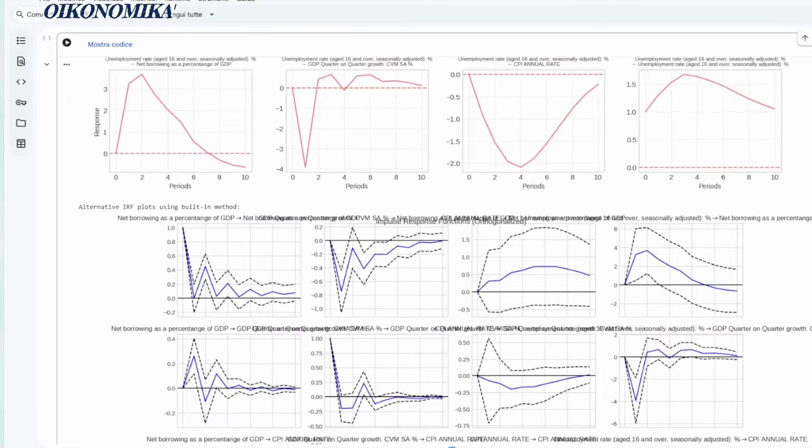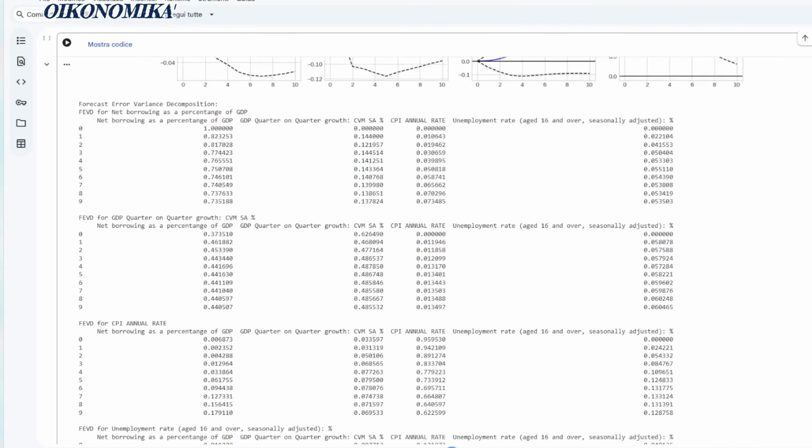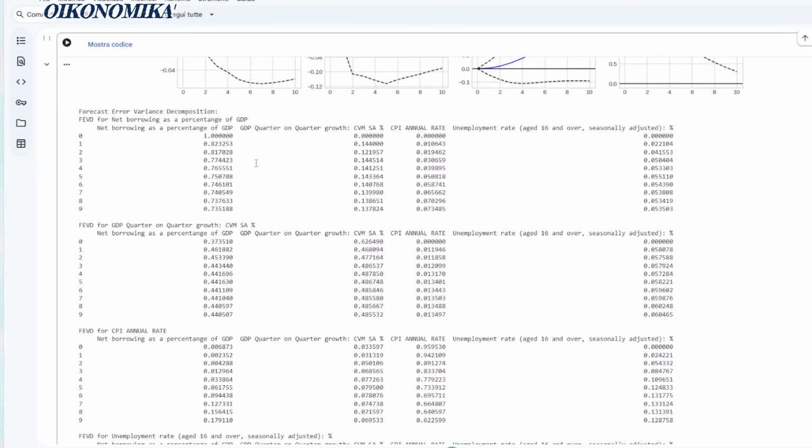So here we have the forecast error variance decomposition. It's very simple. For each and every variable, here we have net borrowing. The net borrowing variable explains its own lagged effect by between 70 and 80%.